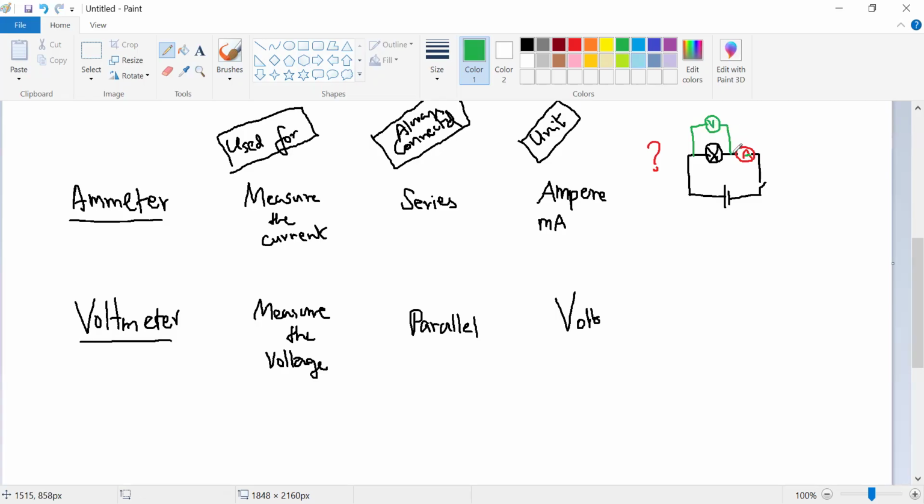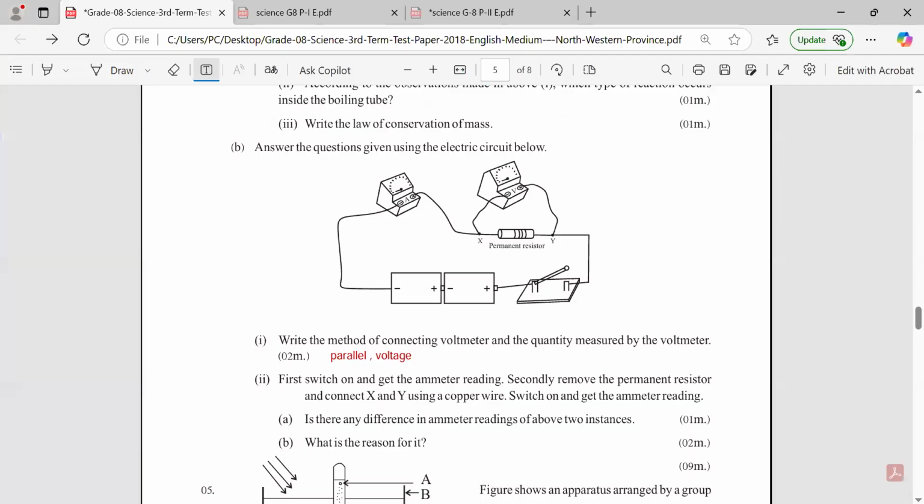When I want to measure the voltage across the dry cell, I connect it here. I can connect it anywhere I want. I hope this makes sense to y'all. Any questions regarding this? No, teacher. No questions.